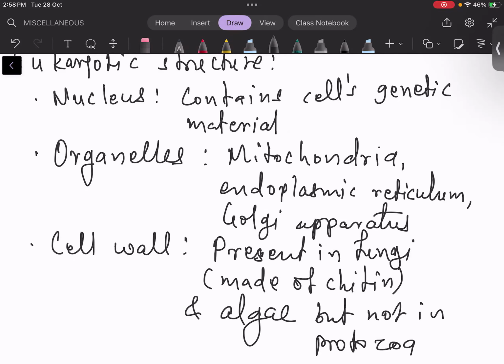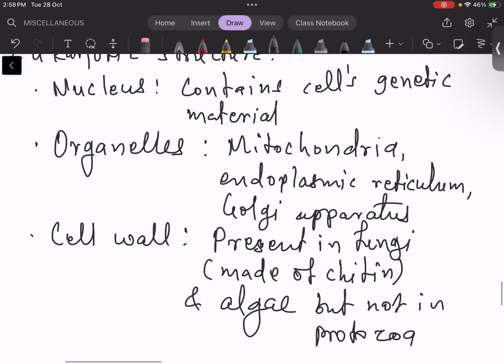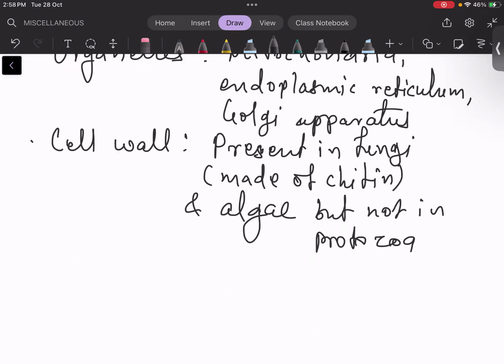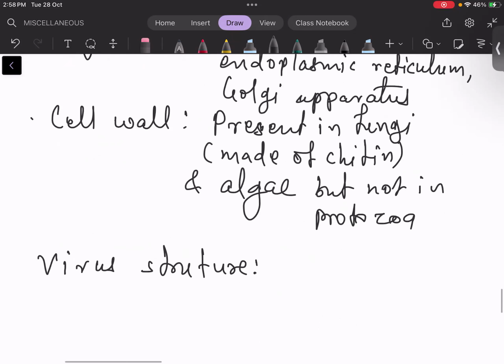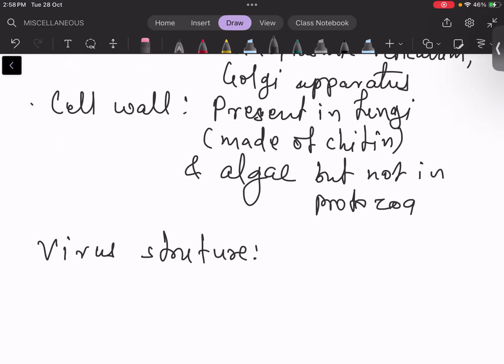Okay. The next one is virus structure. Virus structure consists of a capsid.